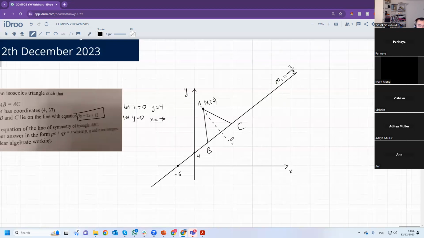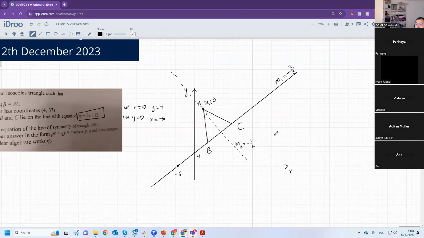And the gradient of this second line, this dashed line, m2, is minus 3/2, because that's how it works. If the gradient of this line is 2/3, the gradient of the perpendicular line is minus 3/2.